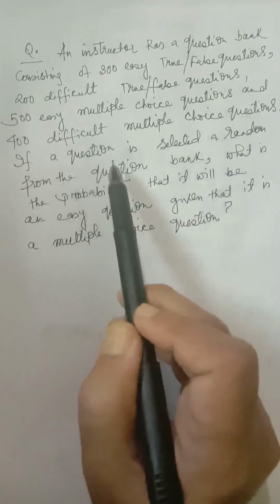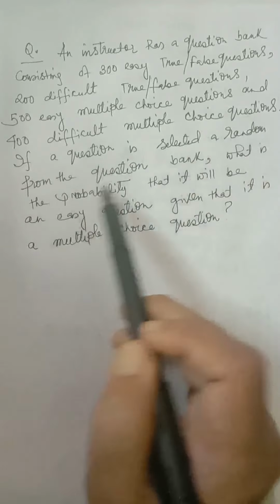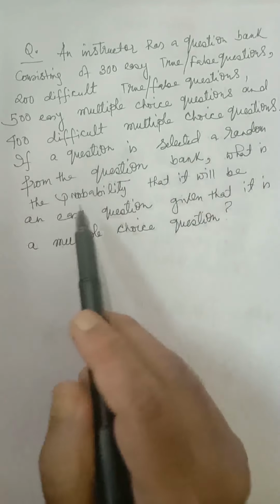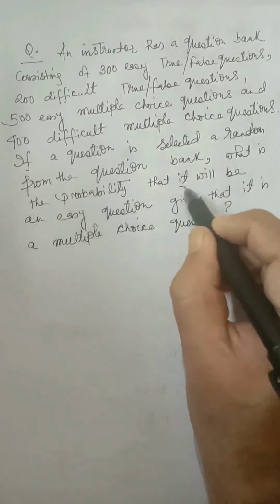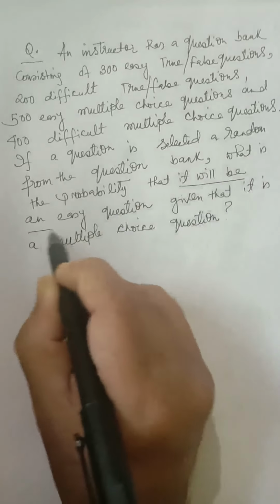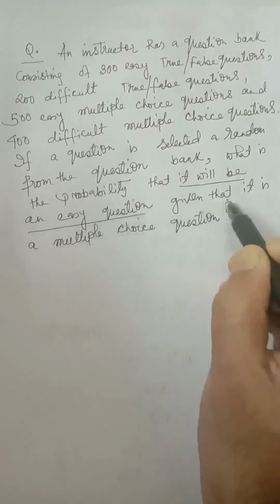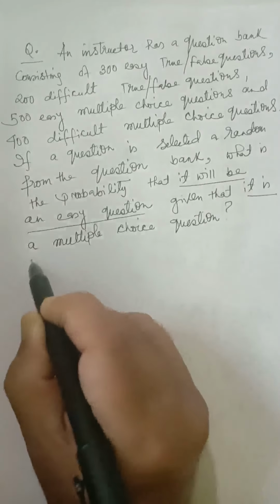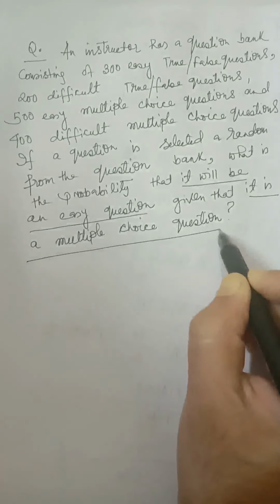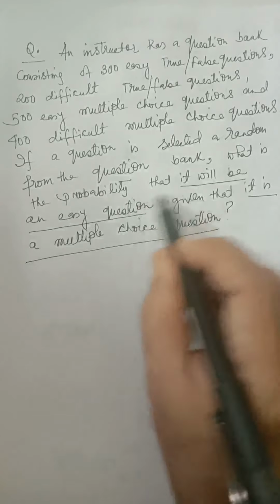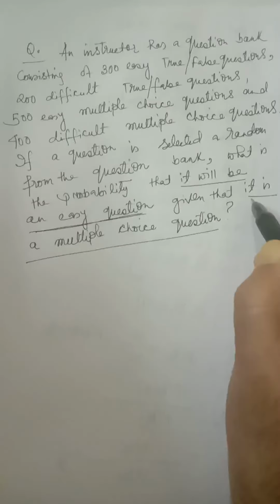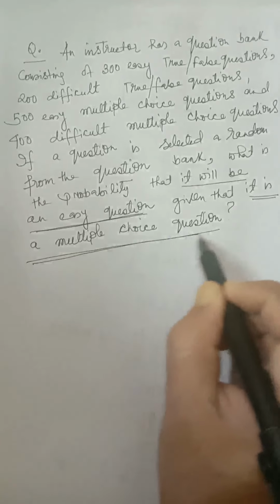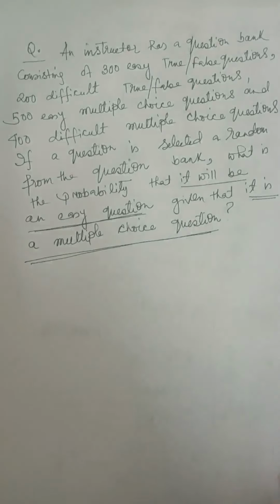If a question is selected at random from the question bank, you have to find the probability that it will be an easy question, given that it is a multiple choice question. So one by one.